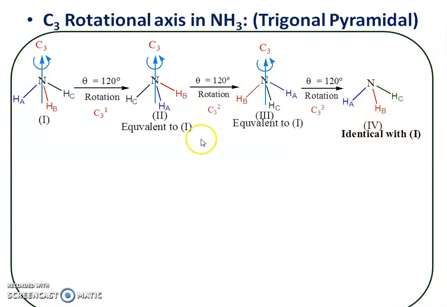This is identical with structure 1 because HA is to the left side, in original structure it is to the left side, and HC is to the right side. In original structure position of HC is same as in structure 4. Even position of HB is same as in structure 1, and therefore structure 4 is identical with structure 1.